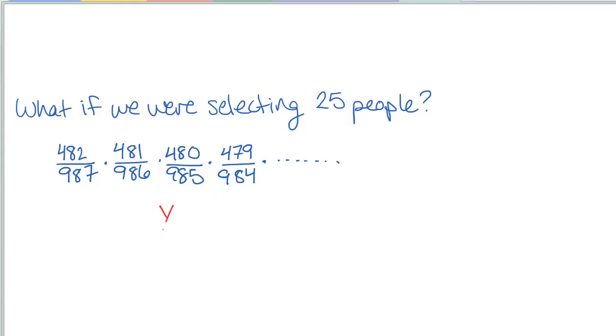Well, this is going to be terrible. So when we have a large group of people that we're selecting in this kind of manner, we run into sort of computational problems. Now, could we do this? Sure. You might end up overloading your calculator, but we could compute this.